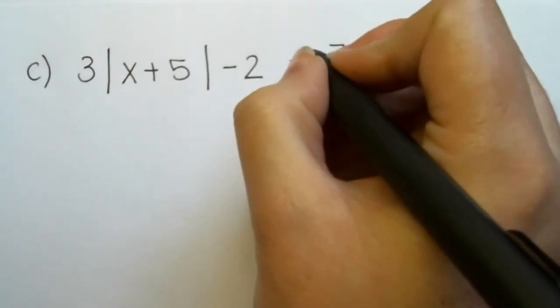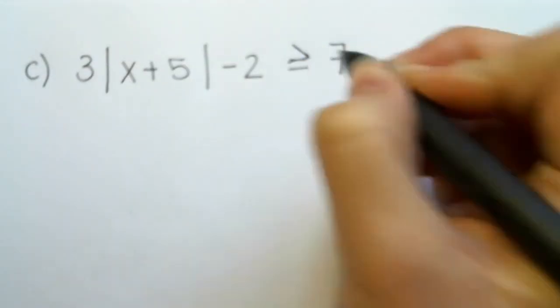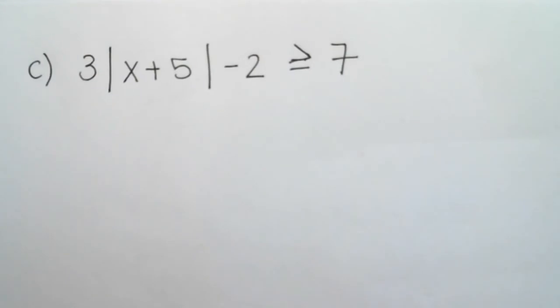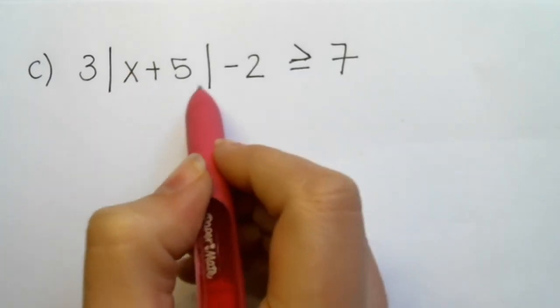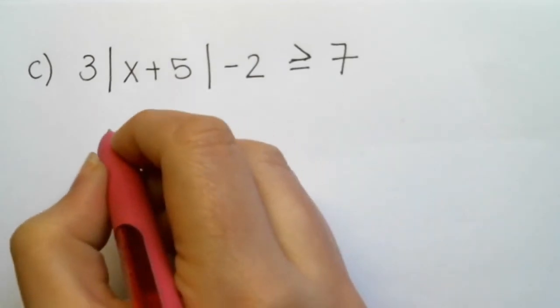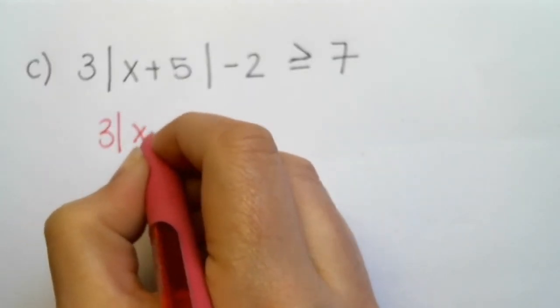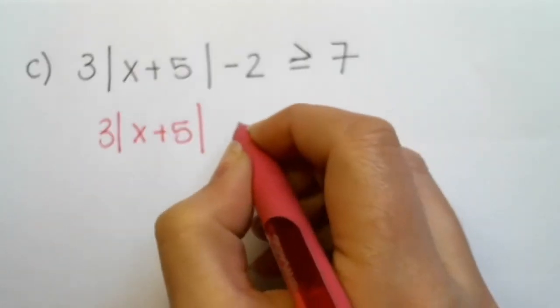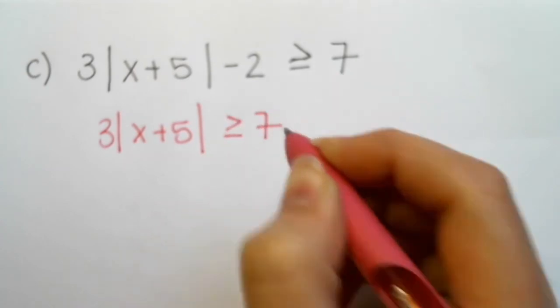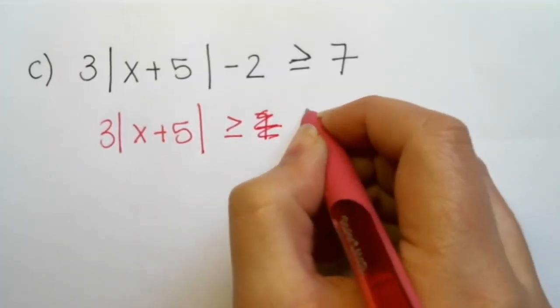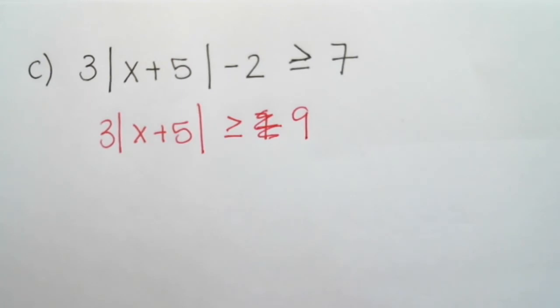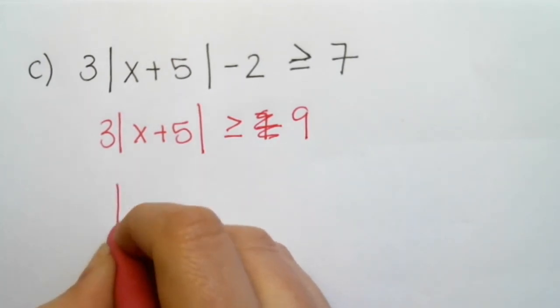So the first thing we're going to do, just like we do with all the absolute value equations and inequalities, is isolate the absolute value. So I'm going to add 2 to both sides. You add 2, you get 9. And then I'm going to divide both sides by 3.